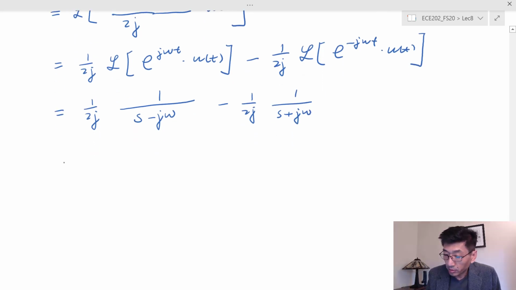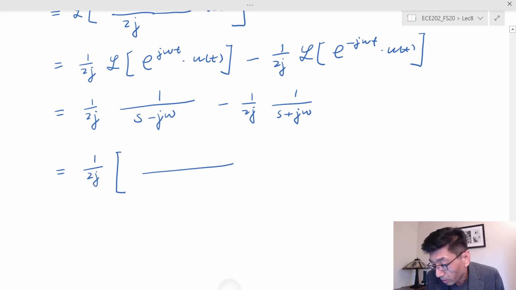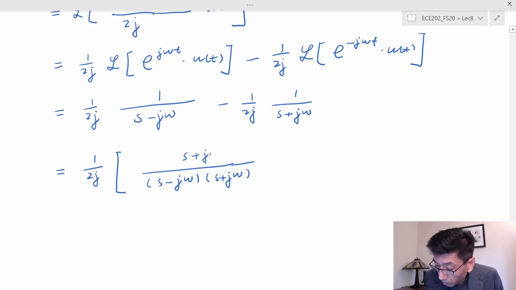And so in this case, let me do this in 2 steps rather than in 1. So this may just take a little bit longer, but so let's see, s minus j omega, s plus j omega. Right, so I multiply the numerator also by s plus j omega.